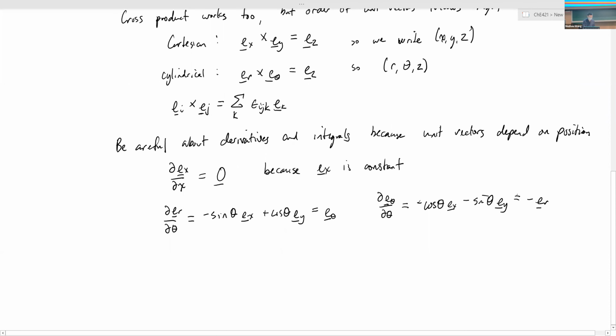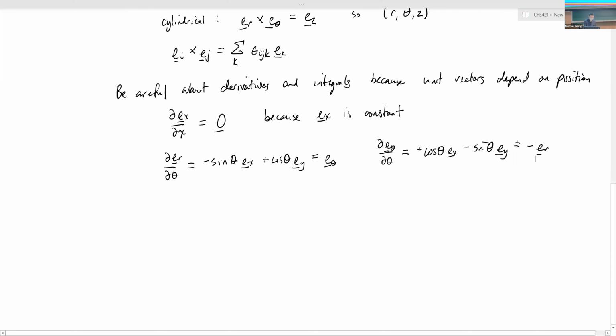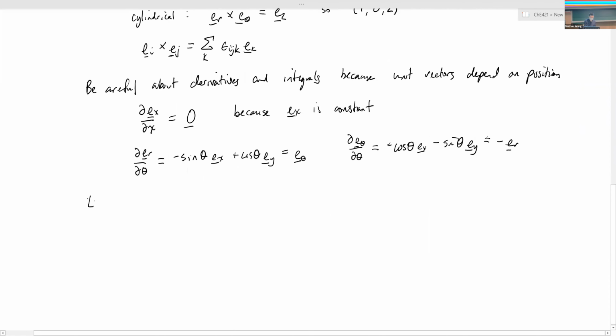Okay. Let's say we have acceleration of a particle. If we have linear motion of a particle, for instance, let's say that the speed of a particle can be given by s of t, and that particle is always moving in the x direction.